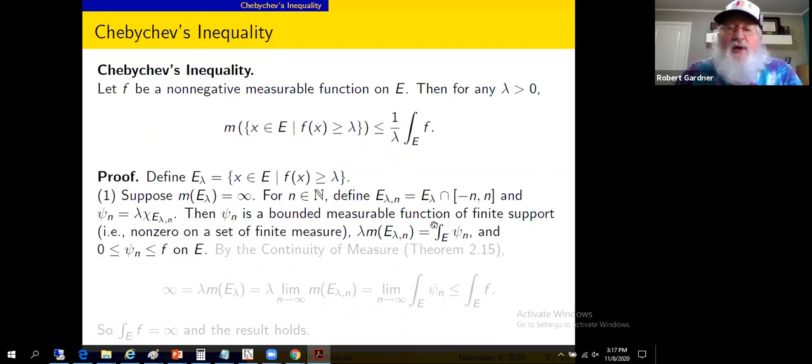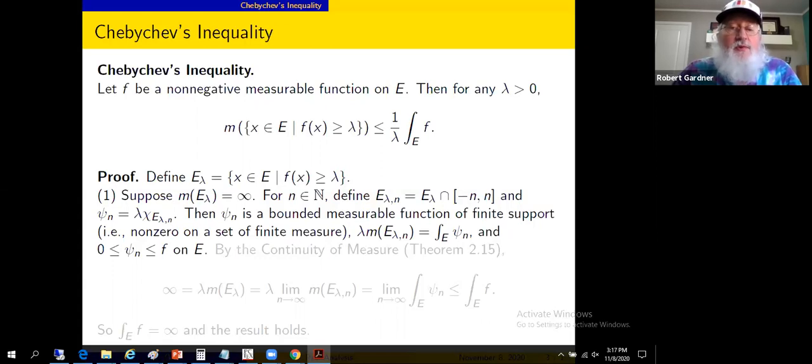It's a measurable function because all the sets we're dealing with are measurable. And it has finite support. That is, it's non-zero on a set of finite measure. The set on which it is non-zero is a subset of the interval negative n to n. Right, characteristic function on that set. So we do have finite support for these psi sub n's.